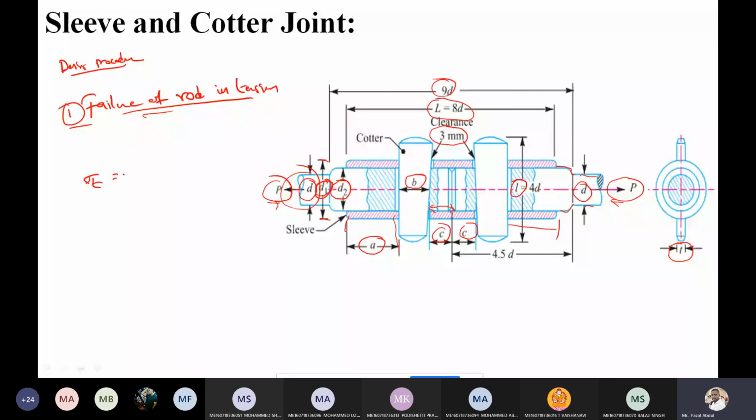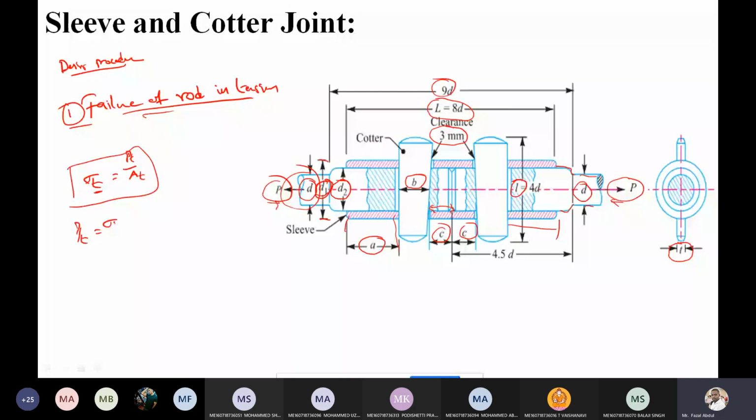So the general equation, whatever you studied in strength of materials: stress is nothing but load by area. Because this is the tensile stress, I am writing the tensile load by the tensile failure area. Now with this equation, I am writing Pt equal to sigma t into At.